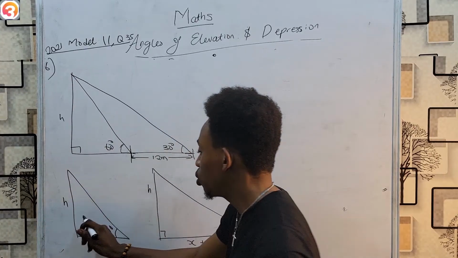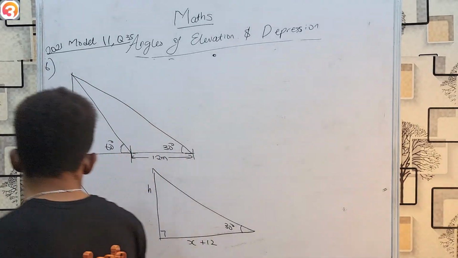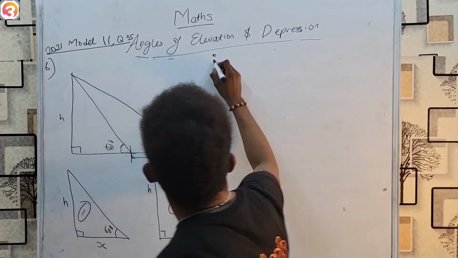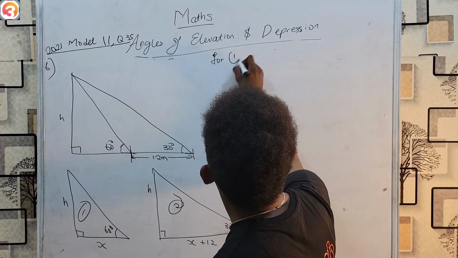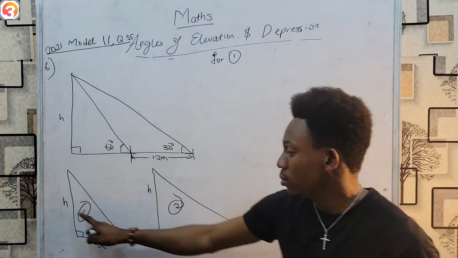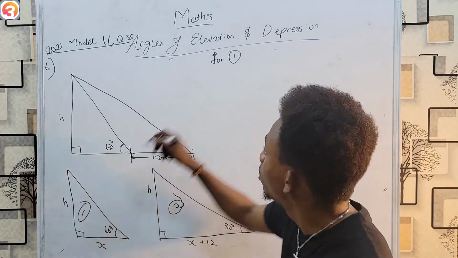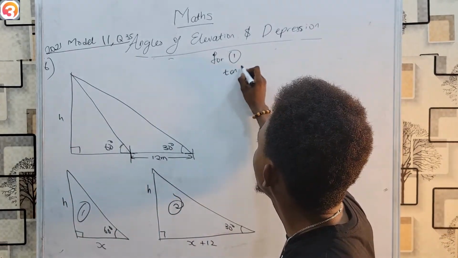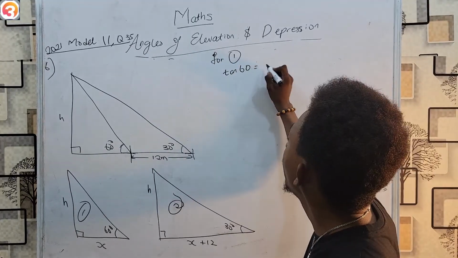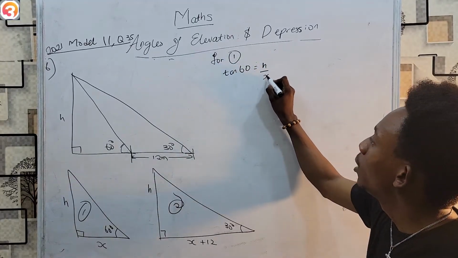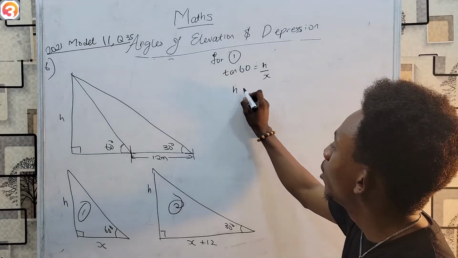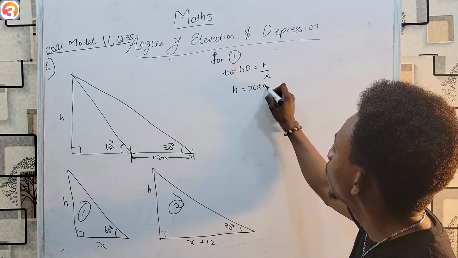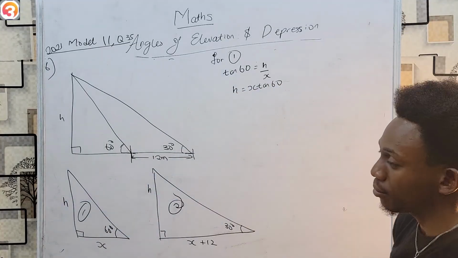So for this first triangle, let me number them. This is 1, this is 2. I can say for 1, I'm going to have opposite and adjacent. So tan 60 equals opposite h over adjacent x. Cross multiply, h equals x tan 60.